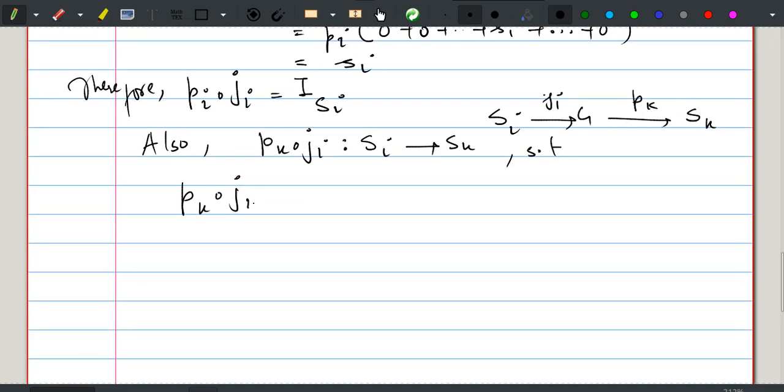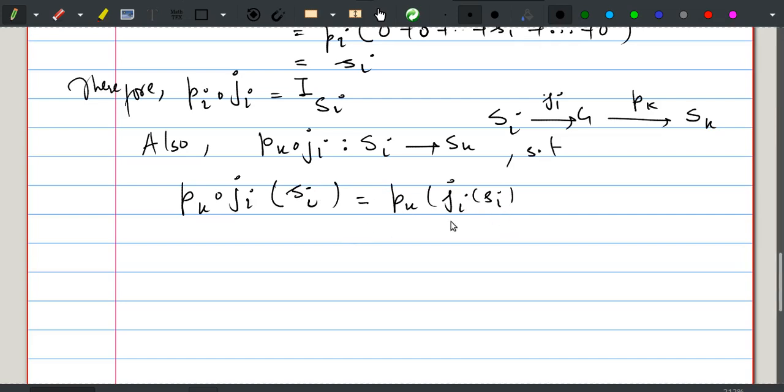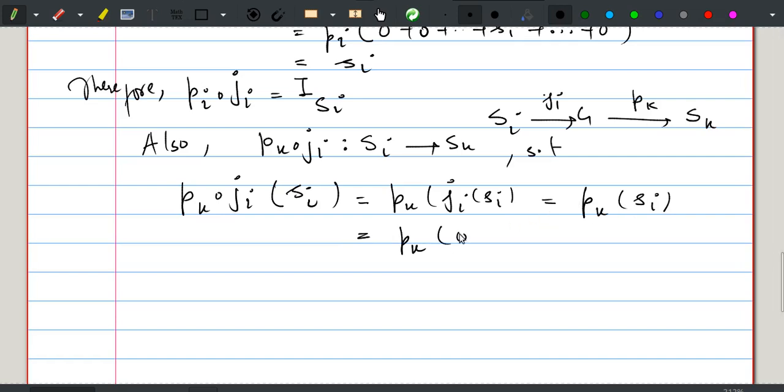Pk of Ji, let us see what is going to happen to an element si of big Si. So this is Pk of Ji of si. Since Ji is the inclusion map, this is same as Pk of si. Now this si can be expressed as 0 plus so on plus 0 plus si plus 0 plus so on plus 0.